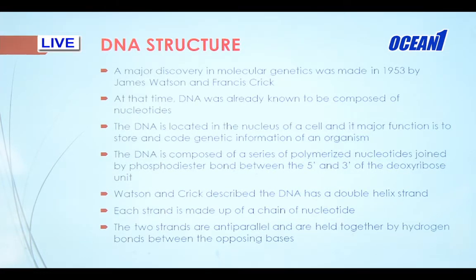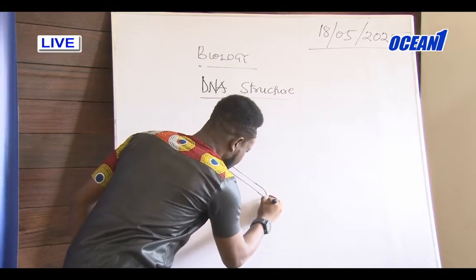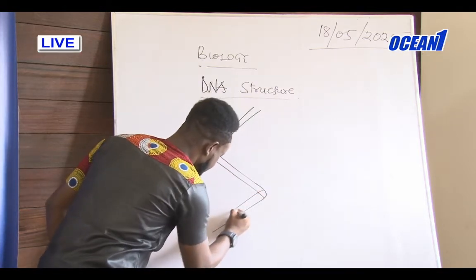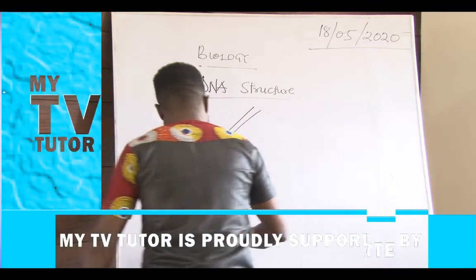So this is the structure of the DNA we are trying to draw here. We said it's a double helix strand. So it stands like this, then it stands like this.